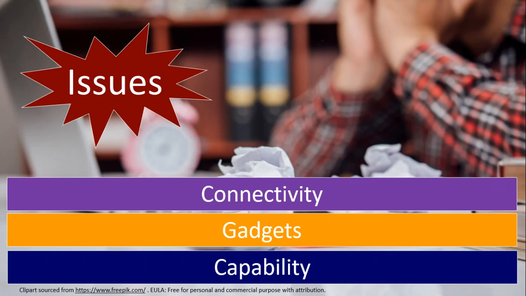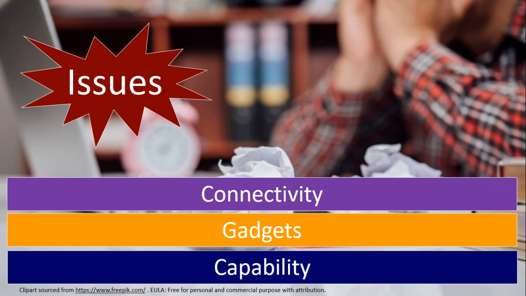In terms of connectivity, we conducted a survey amongst our students. Only half of our students have stable internet connectivity. Half of our students do not have computers or laptops, but we are sure that 98% of our students have smartphones.